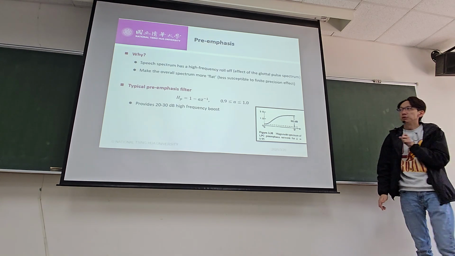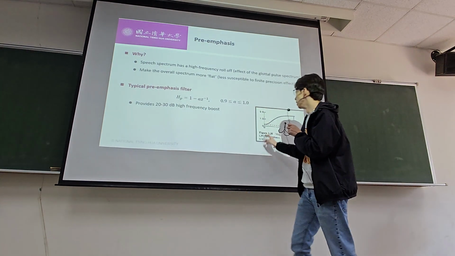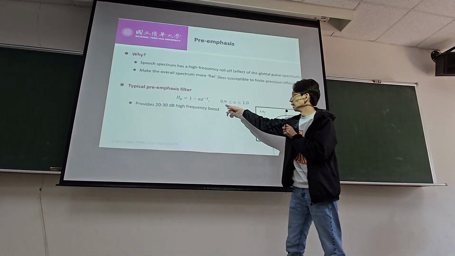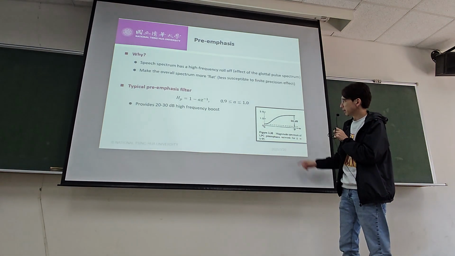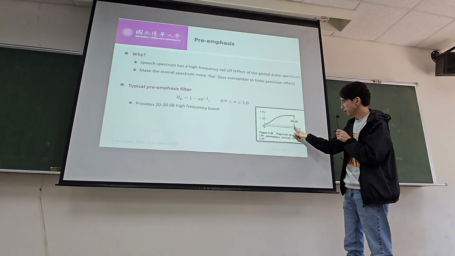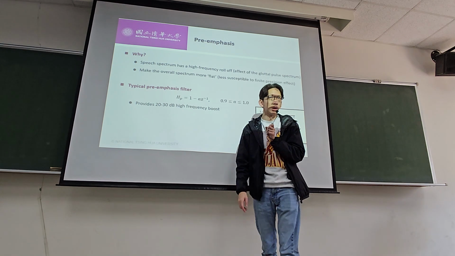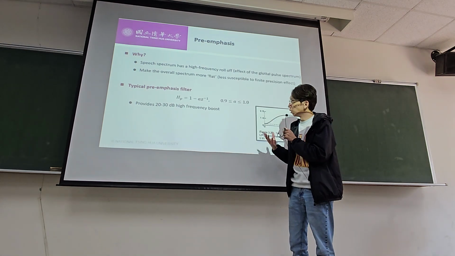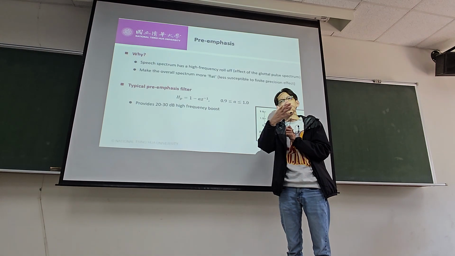It's very simple. You just apply a typical pre-emphasis filter, basically 1 minus a z to the minus 1, where a is between 0.9 and 1. It boosts up the energy near the pi locations, providing about 20 to 30 dB of high frequency boost. That's generally okay because a lot of speech signal is concentrated at low frequencies.